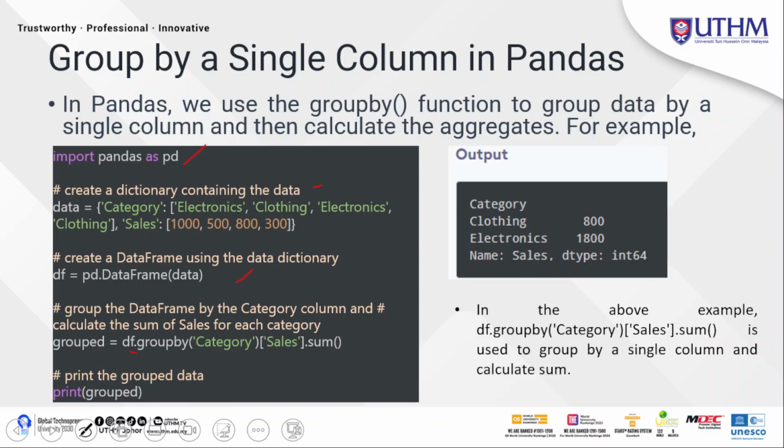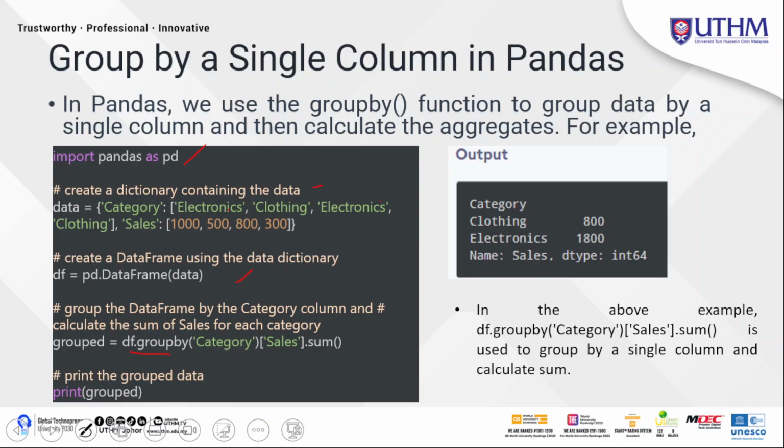First of all, df group by category. We group them into electronics. So we have the same electronics, so they will be joined together, combined together. Category, the sales will be dot sum.